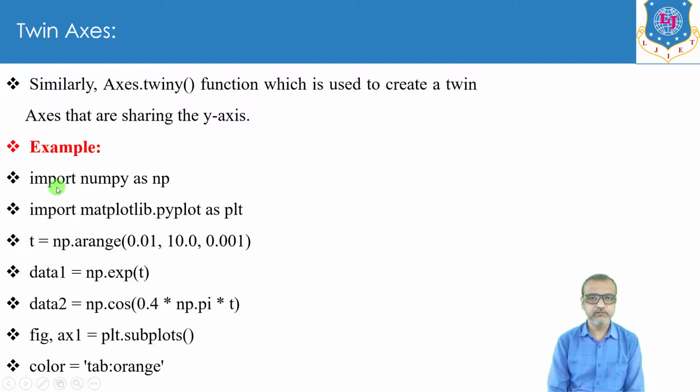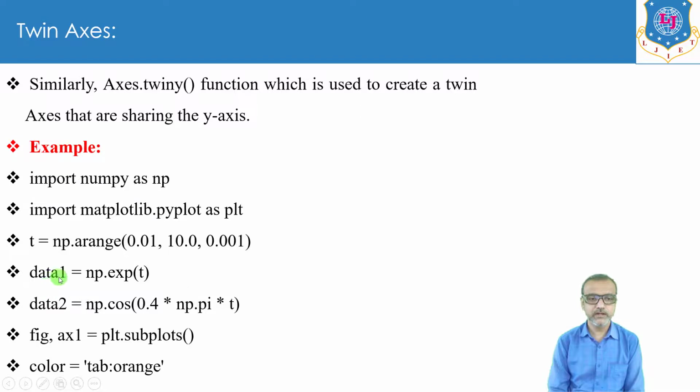First of all, we will write import numpy as np, then import matplotlib.pyplot as plt. Now t equals np.arange(0.01, 10.0, 0.001). So in t we will have numbers from 0.01 till 10.0 with a step size of 0.001.